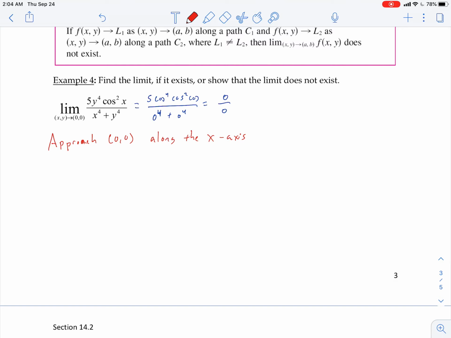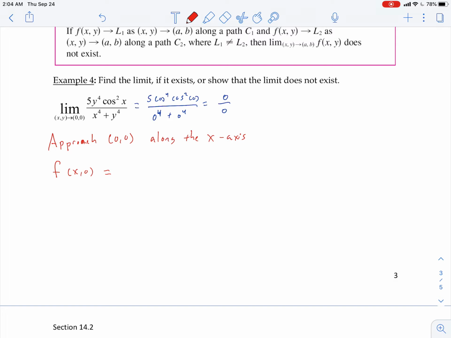I'm going to travel along the x-axis. So if I'm traveling along the x-axis, then I'm going to have f of x, 0. And I'm going to see if I can do the limit from that approach. So I'm going to use my function values and substitute in.